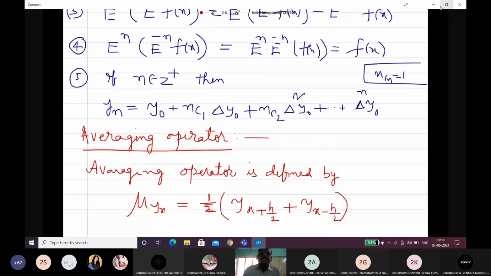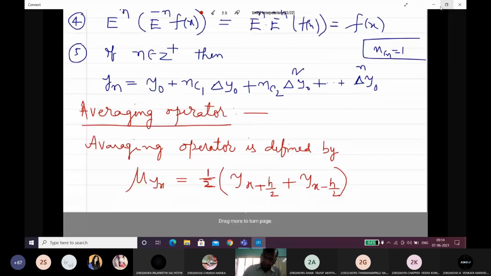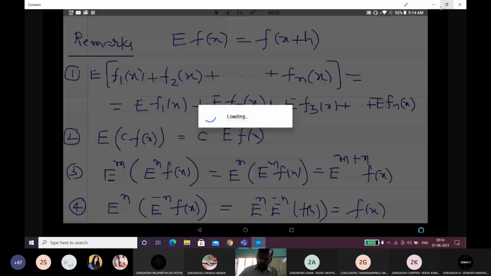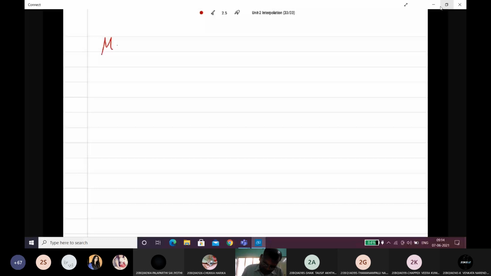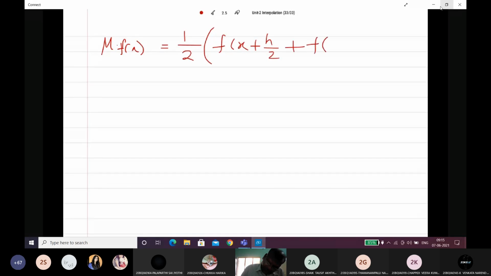Or mu of f of x is equal to 1 by 2 of f of x plus h by 2 plus f of x minus h by 2.